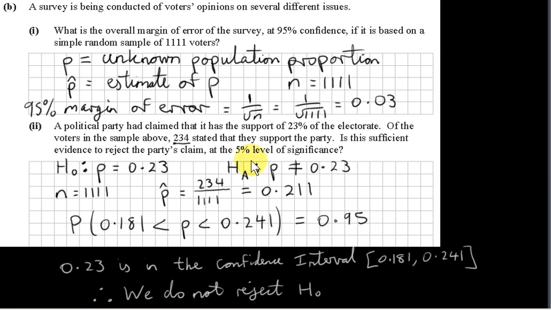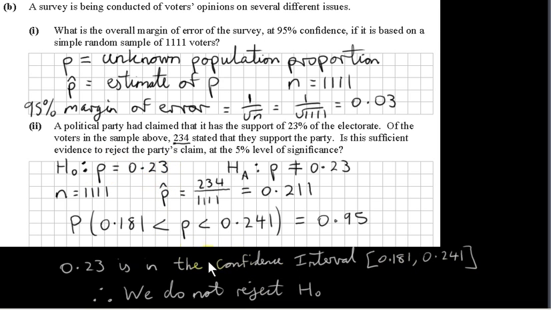We can see that 23% or 0.23 is between 0.181 and 0.241. In other words, 0.23 is in the confidence interval 0.181, 0.241. That means that we do not reject the null hypothesis that p is 0.23.